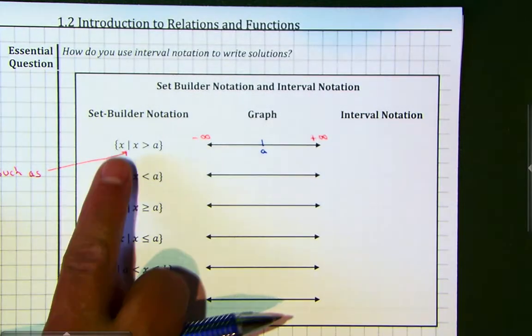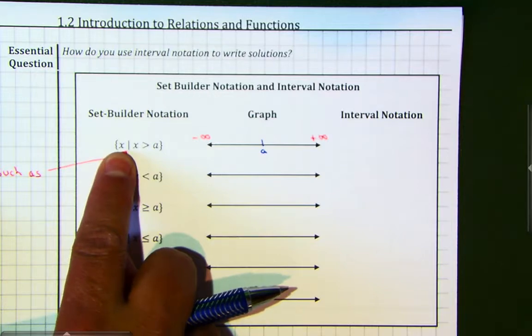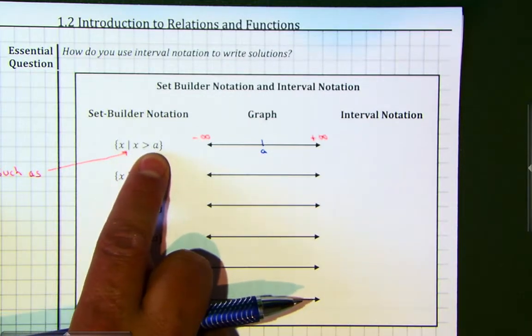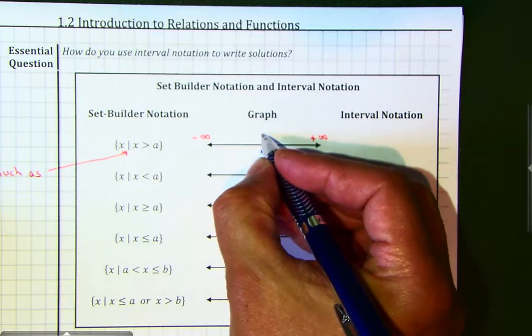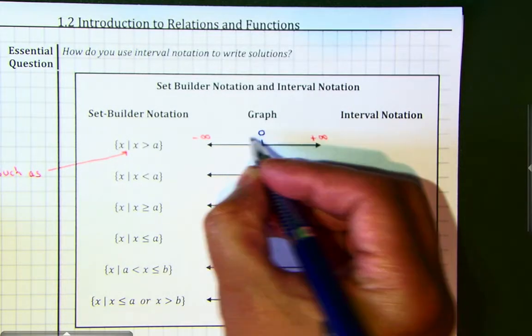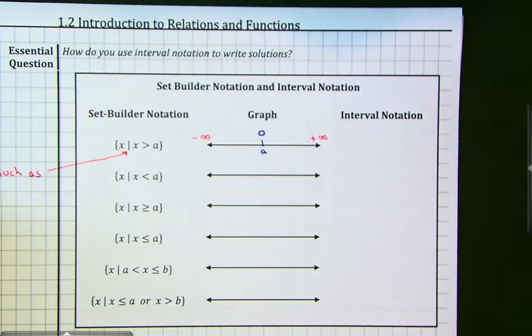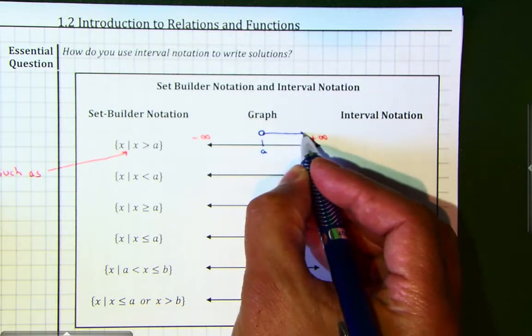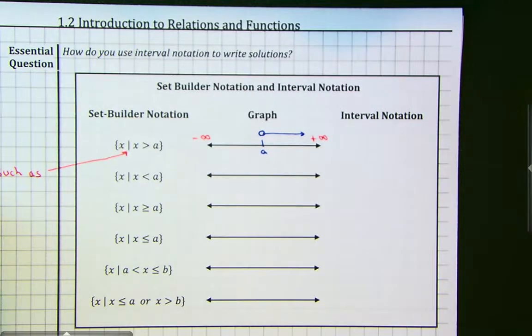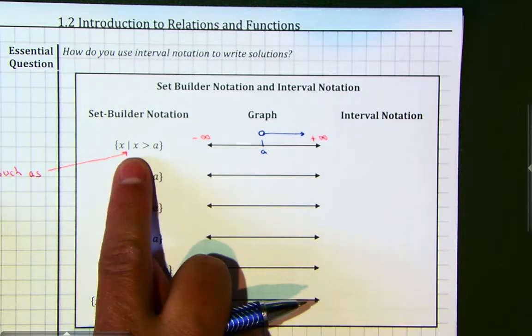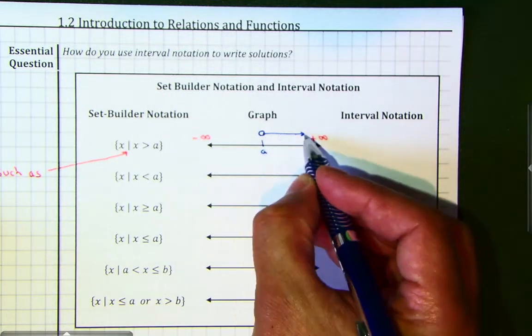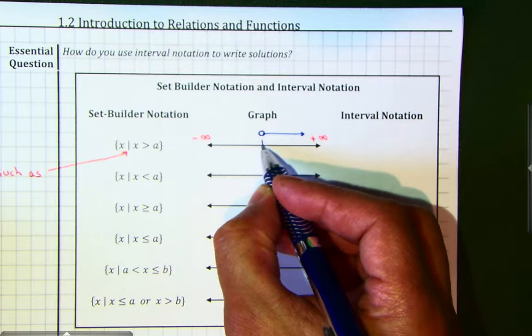The solutions are all the values of X such that X is greater than A. It's greater, so we're going to place an open circle. It's not equal, so we're going to leave it as open. And all the values that are greater than A are to the right. So that is how we graph this notation. All the solutions are all the numbers to the right of A, but not including A.